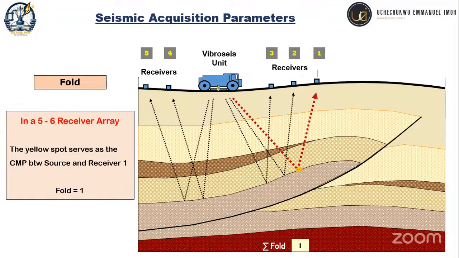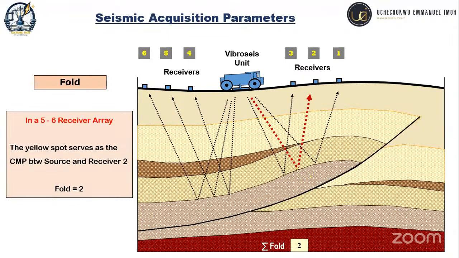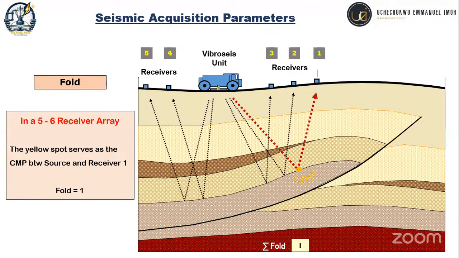Okay, so at the position of receiver 1 and the position of the source, the yellow spot is serving as a CDP to them.